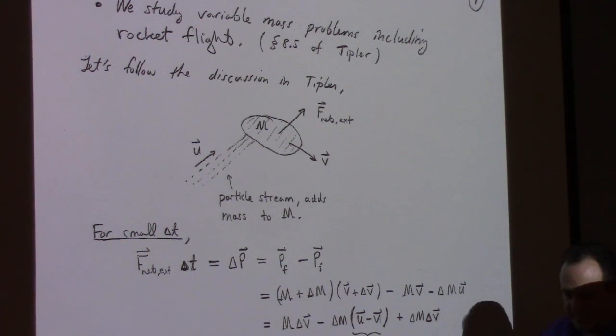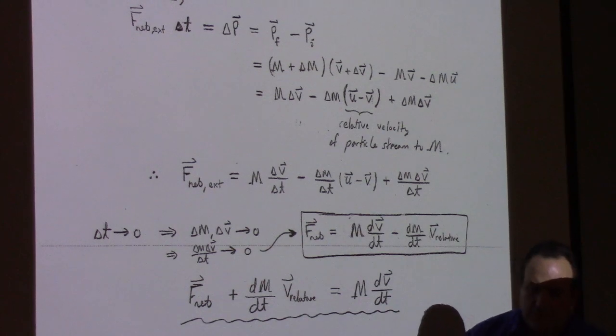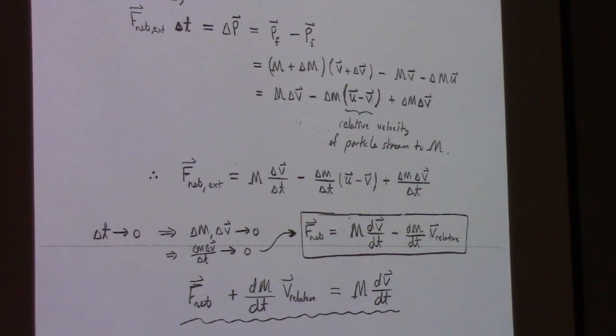He divides by delta t, takes the limit as delta t goes to 0, and you see what you get is that the net force is the mass that's there times the acceleration of that mass minus the change in mass per unit time times the relative velocity. This is the relative velocity of the mass which is being ejected.